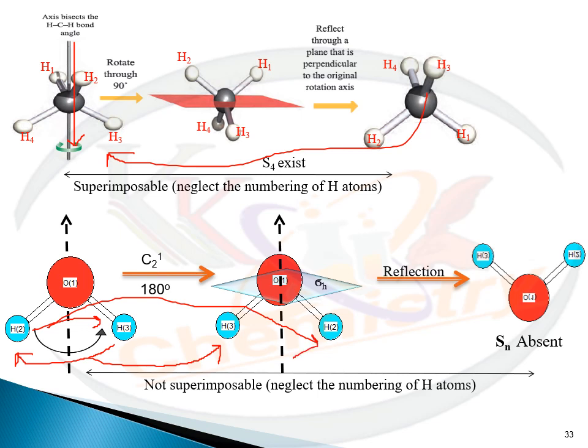Now just take sigma H. Reflection? No. The same atoms are not present in such a fashion that the structure can be superimposed on this one. So the third structure is not superimposable on structure one. So you can say that the Sn operation does not exist in the water molecule.